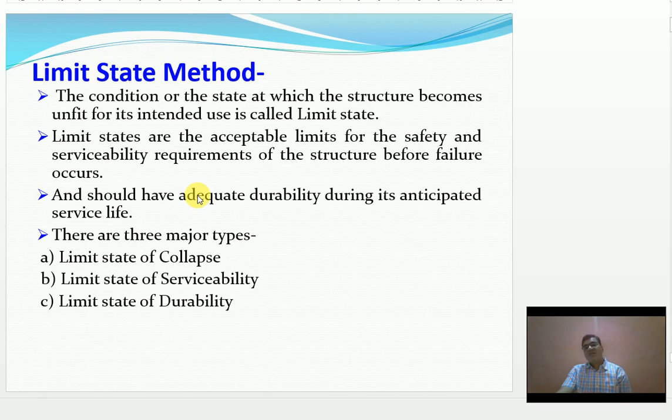Limit state of serviceability means exactly during the working condition or during the service conditions. Whatever is the performance of the structure, that we'll see under limit state of serviceability. And third one is limit state of durability. It is nothing but the response of the material subjected to aggressive environmental condition. Obviously all three give us different limit states. So one by one we'll see in detail.